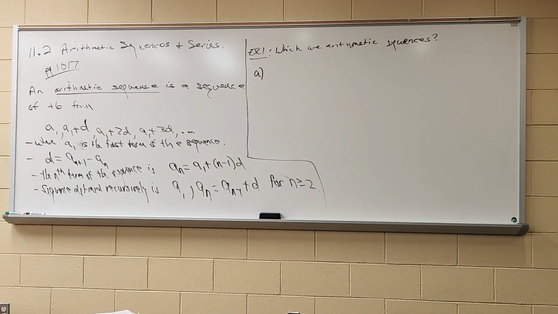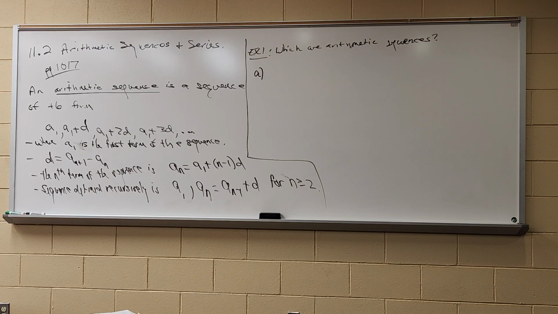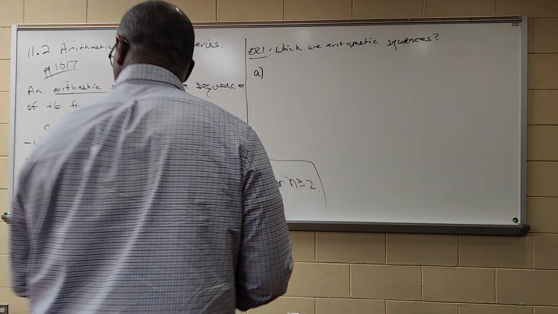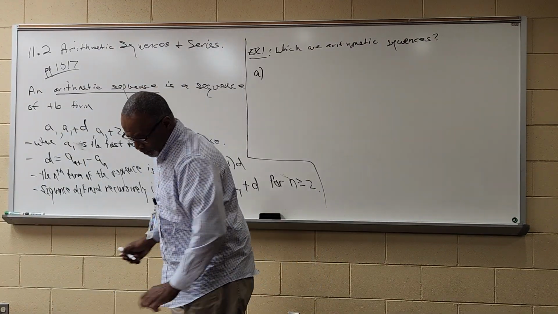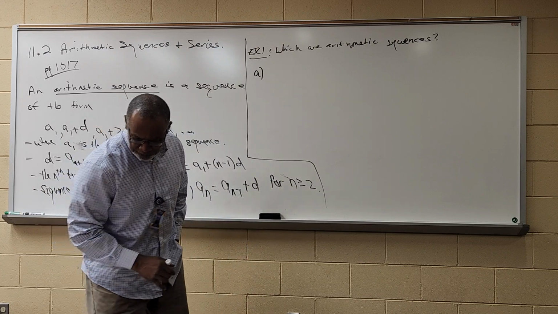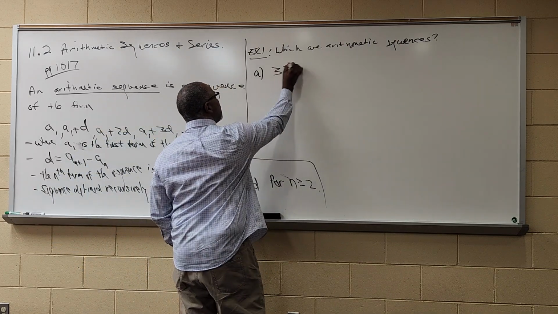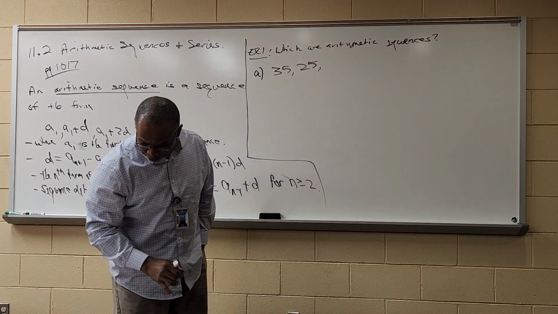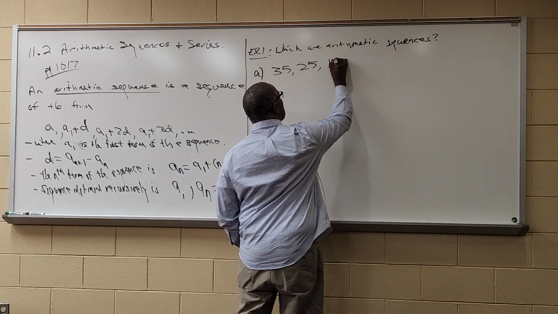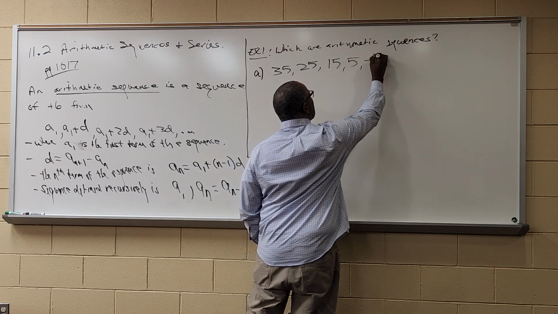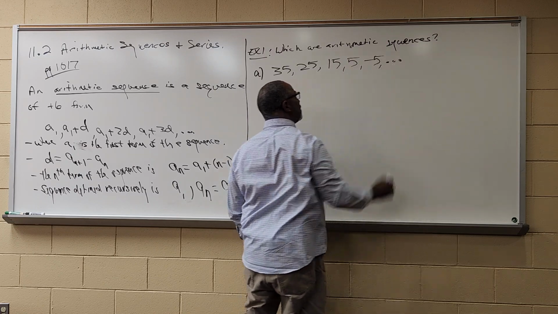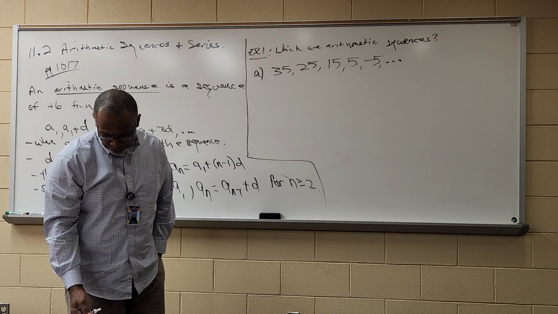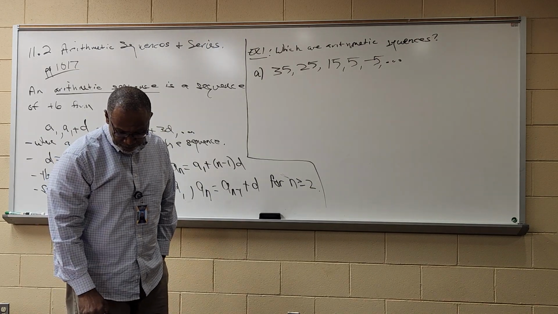We're going to analyze these sequences and see if they're arithmetic or not. The first one they give us is 35, 25, 15, 5, negative 5, dot, dot, dot. Okay? And they want to know, is this an arithmetic sequence?